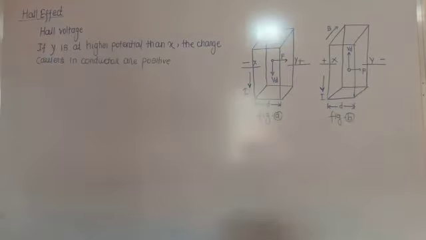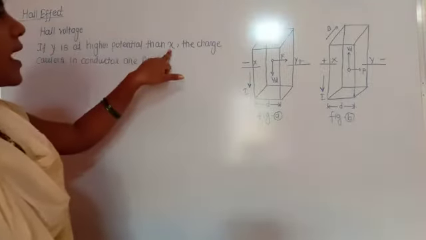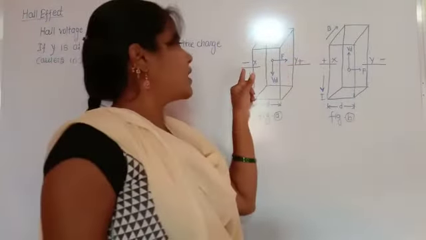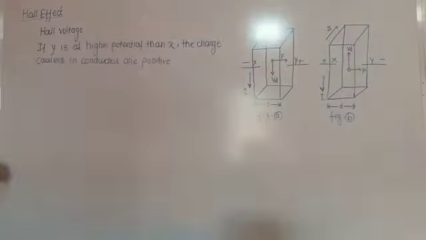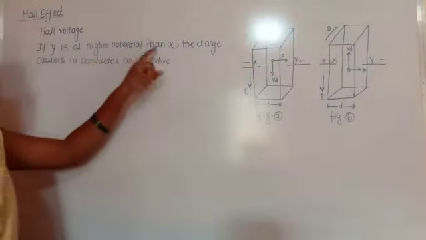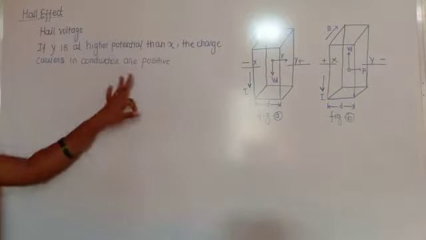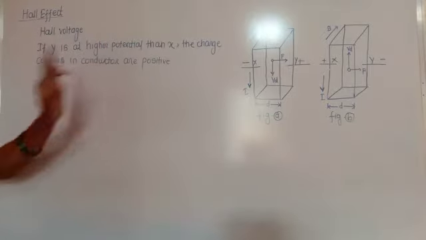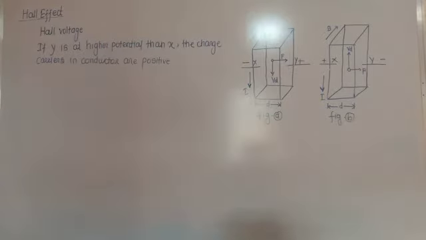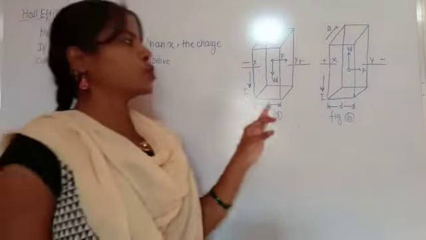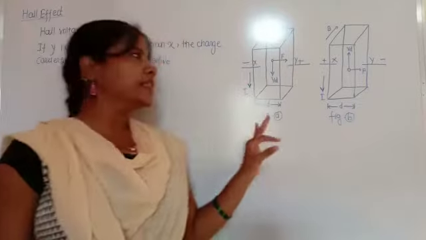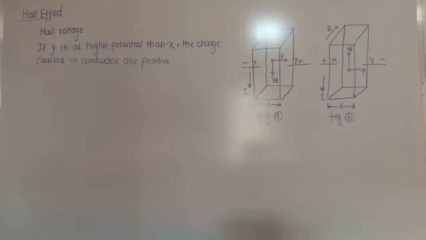And if X is positive with respect to Y, that means X is maintained at the positive potential, then we confirm that the charge carriers in the conductor are negative.